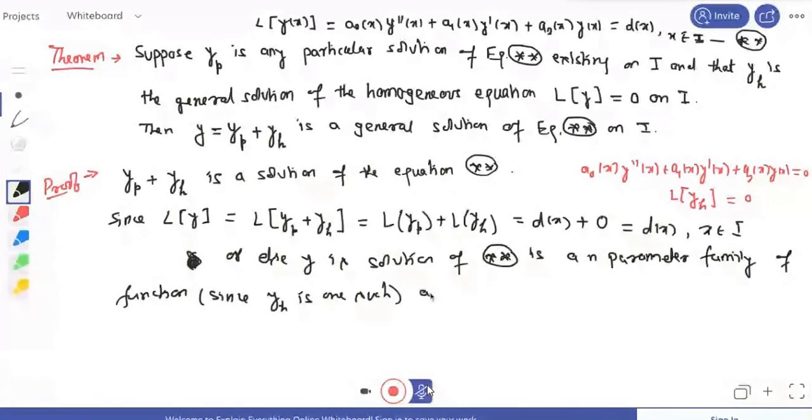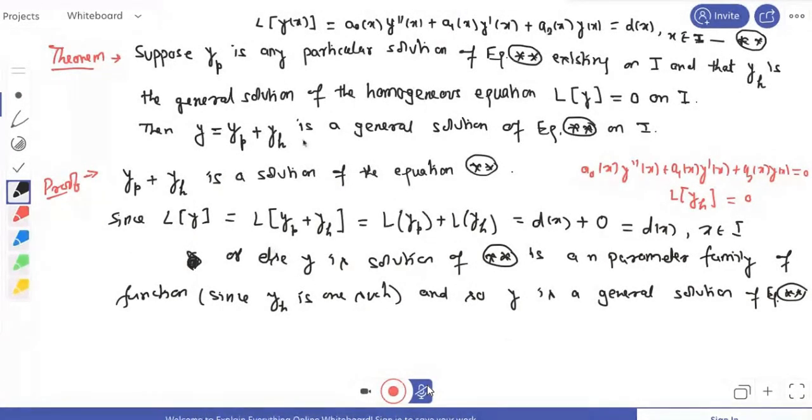Okay, so this y is basically the general solution of equation double star.